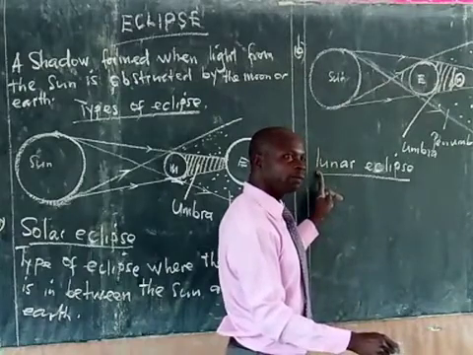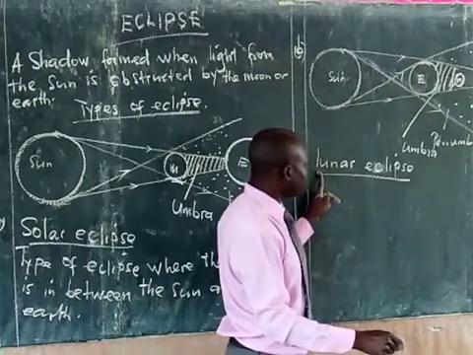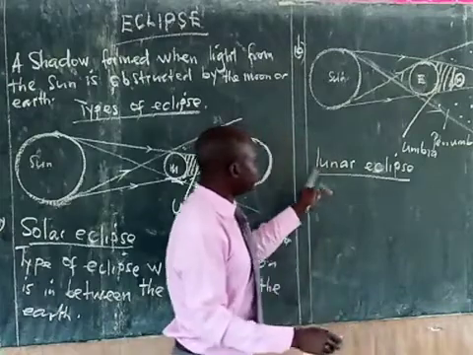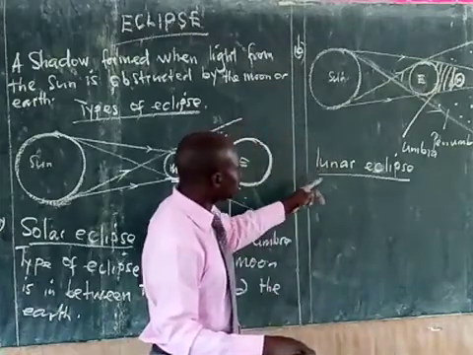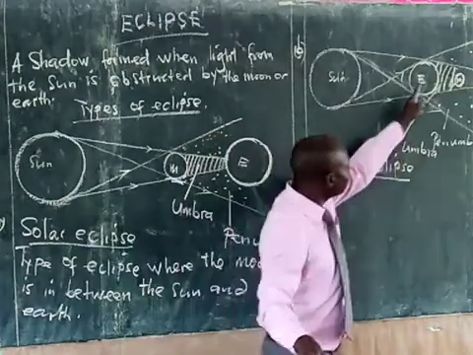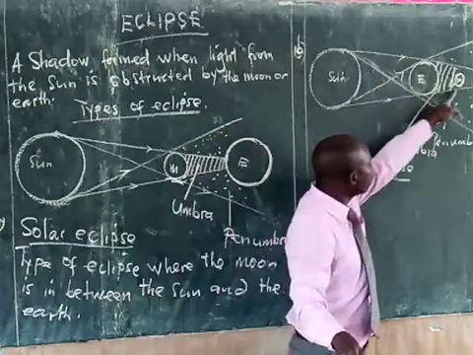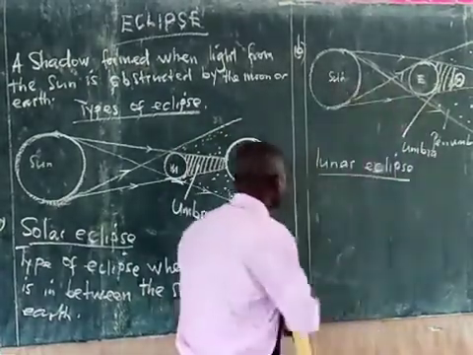Can we say lunar eclipse? Somebody over there? Yes, correct. Thank you. So, if they say what is lunar eclipse, you say this is the type of eclipse where the earth is in between the moon and the sun. Put that.